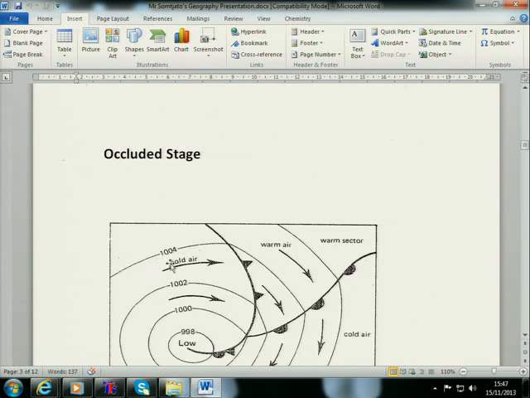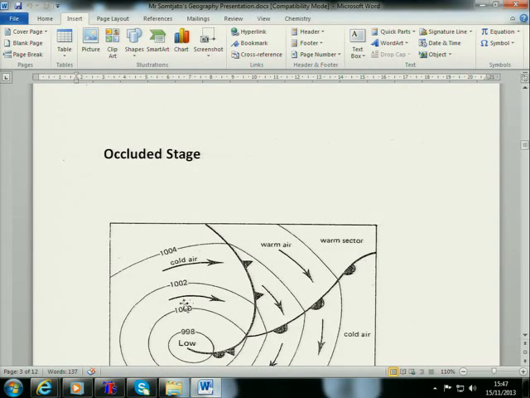When the cold front catches and overtakes the warm front, what happens to the warm air? The warm air becomes lifted up and isolated above the ground.